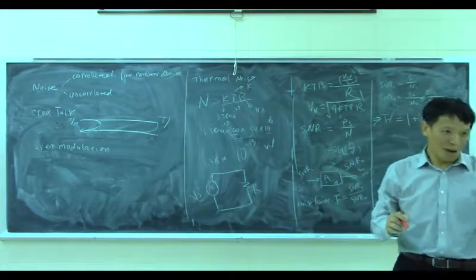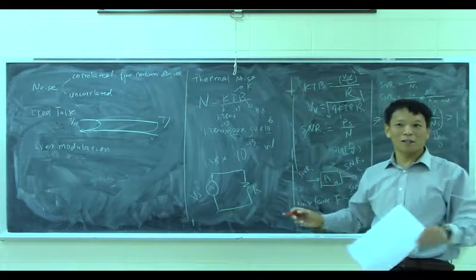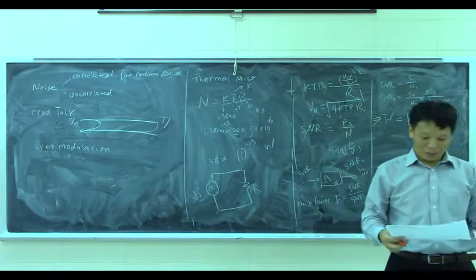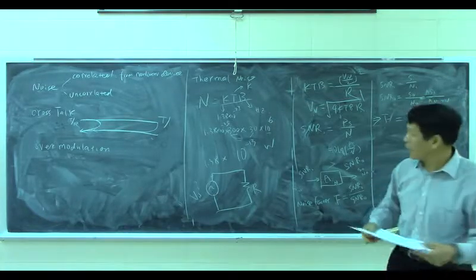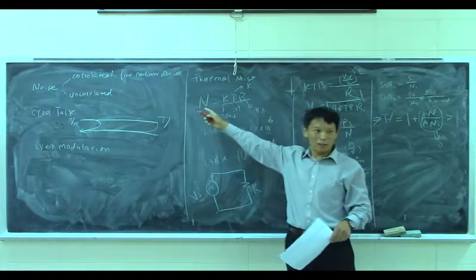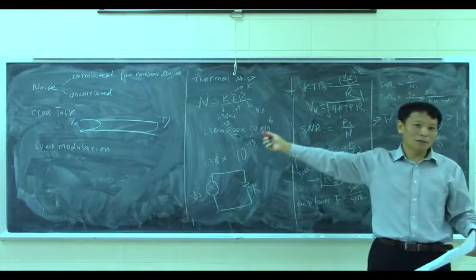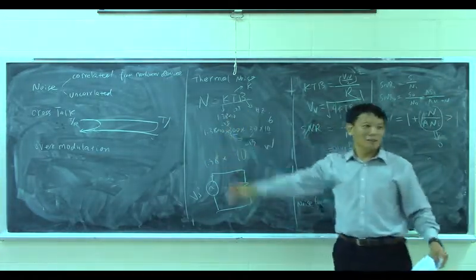Don't laugh, okay? Scientists have already done this. They want to detect aliens, so they need to receive signals. These signals are very weak, so they cannot make the noise loud. So what they do is make this very, very low. That's possible, but for us, no way. You can only operate this at room temperature.